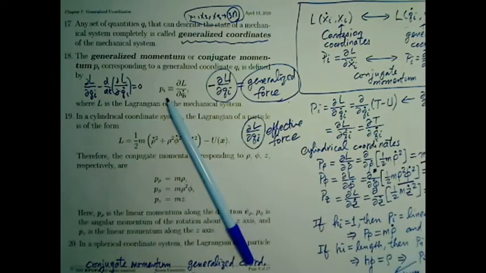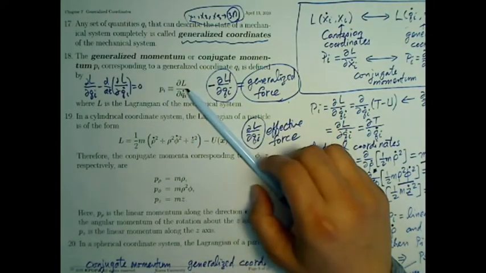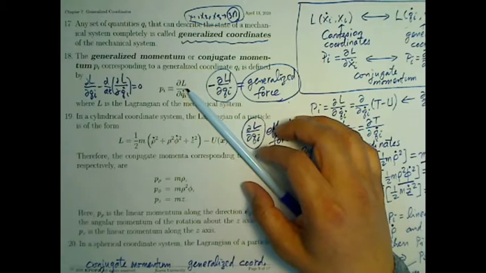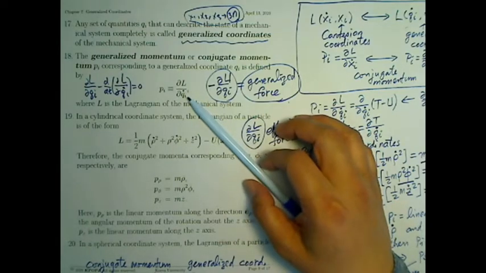That is called the conjugate momentum. Just like the case of the Cartesian coordinate system, we have the generalized momentum or the conjugate momentum pi corresponding to each generalized coordinate qi. That can be obtained by taking the partial derivative of the Lagrangian with respect to qi dot. That's simple.